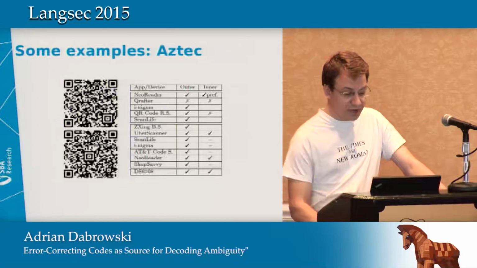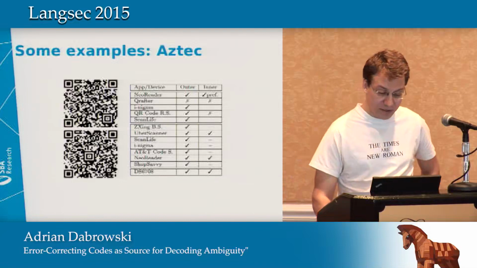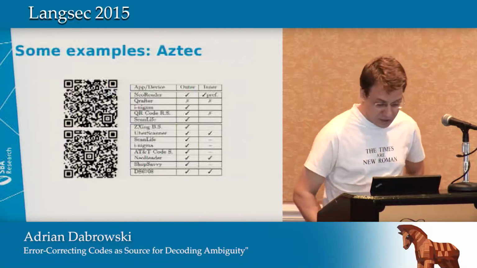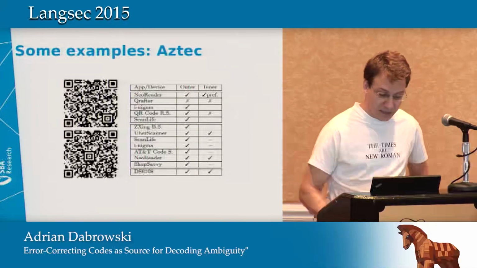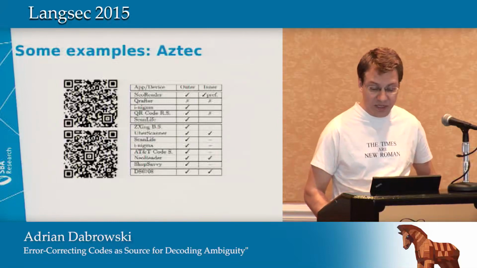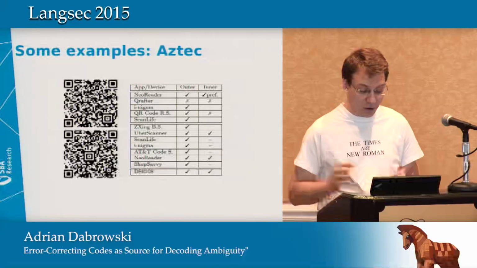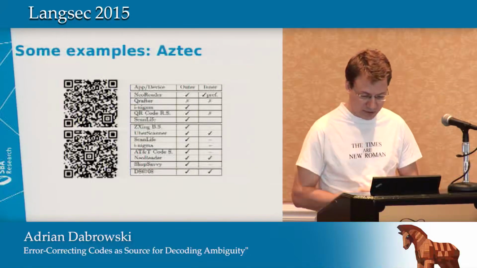Just a quick few examples. In this one, we stuffed an Aztec code into a bigger QR code, and you can see some decode the inner barcode, some decode the outer barcode. Sometimes it's indifferent and they decode one or another based on pure chance.